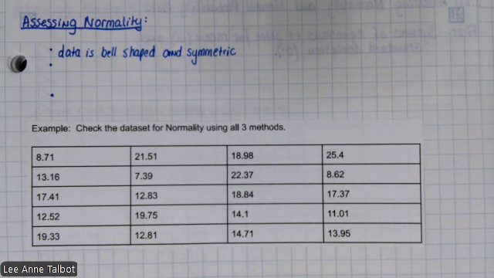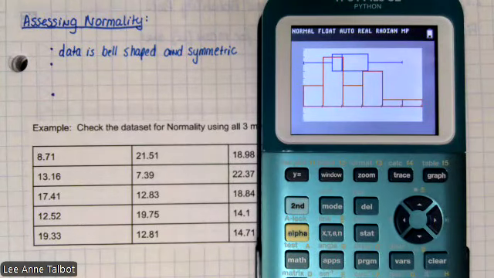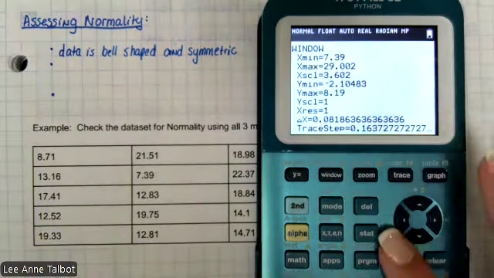But what you would do is either look at a graph, make a histogram, or enter all the numbers into L1 and do a histogram on the calculator, which is what I did because I'm lazy. Let me just show you what I got. And you can tell me what you think. This is not what I got. Sorry. This is what I got.